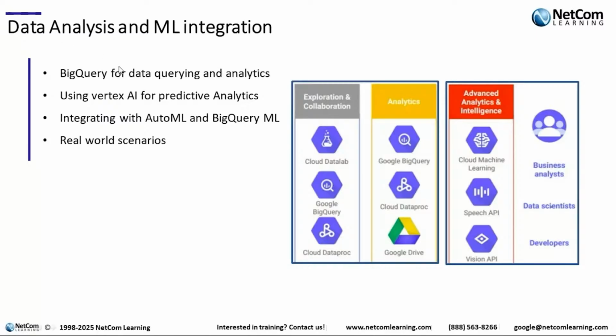So overall, if you have to consider real world scenarios for data analytics and machine learning integration, or typically data analytics tasks powered by machine learning integrations, those examples would be as follows. The first one would be customer churn prediction.